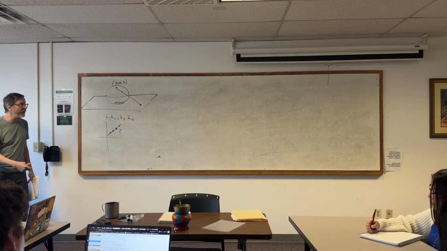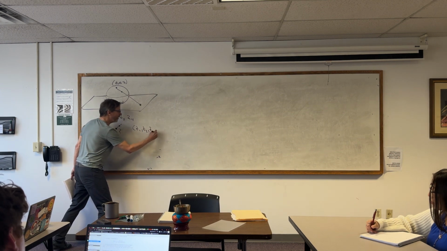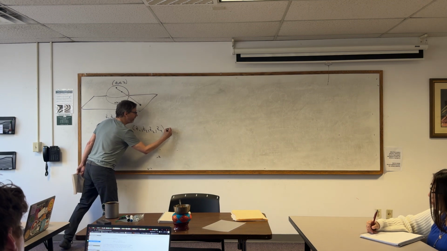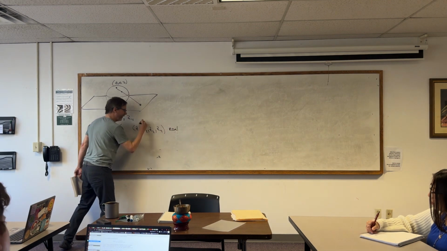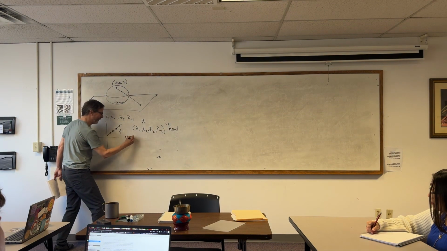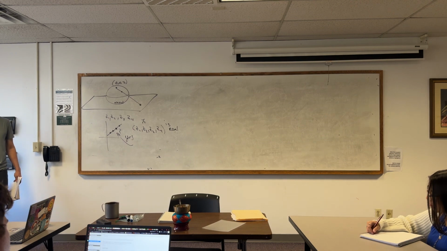How do I know that? I take the cross ratio of those 4. We may or may not know what that is. And if this is real, then yes, that's it.